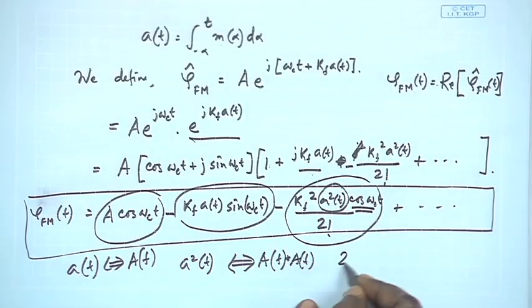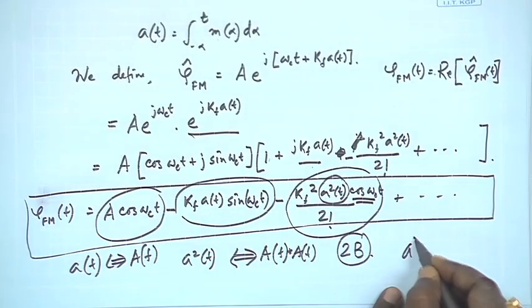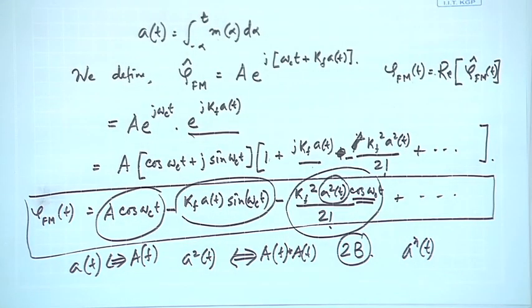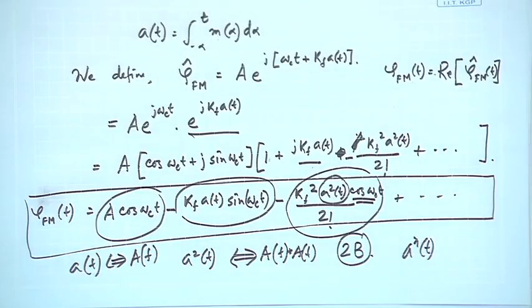So, this will now have 2B band and it will have all the higher order terms up to infinity. There will be a term where I will get A to the power n(t), which will have n times the band, and then n goes to infinity. So, what is the effective band of FM? That goes to infinity.